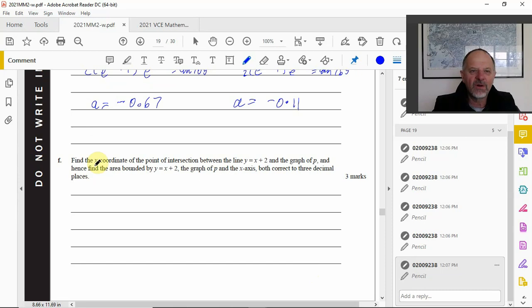So part F: find the x-coordinate of the point of intersection of the line y equals x plus 2 and the graph of P, and hence find the area bounded by the graph of P, the x-axis, both to 3 decimal places. So where is, first of all, the intersection?